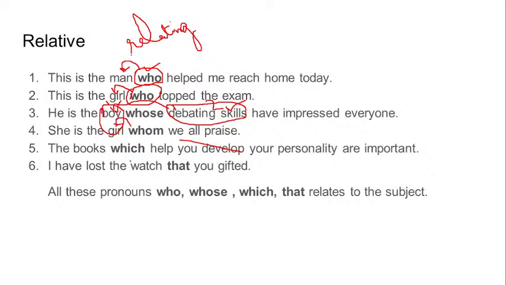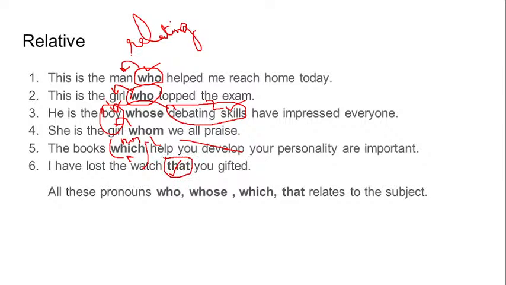We move on to the next example: the books which help you develop your personality are important. So "which" will be used for non-living objects, always non-living. "I have lost the watch that you gifted." That is also a relative pronoun over here.